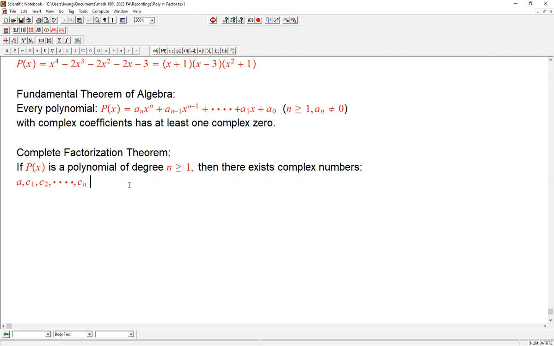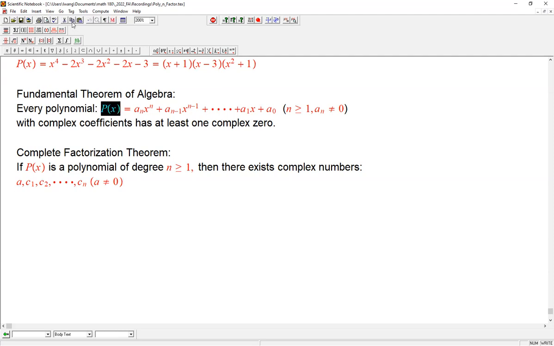In other words, for degree n, we will have n complex numbers such that a is not 0. Well, if a is 0, then the whole thing is 0, right? So that assumption is completely natural.